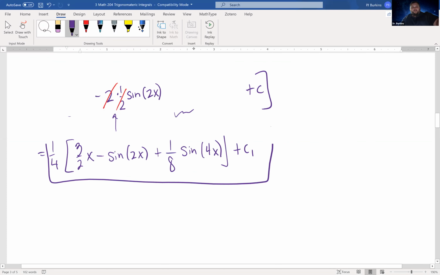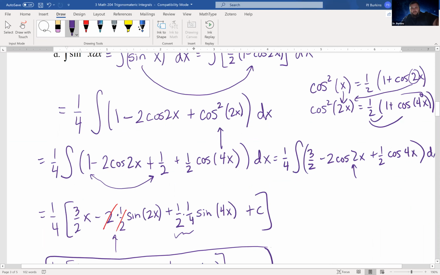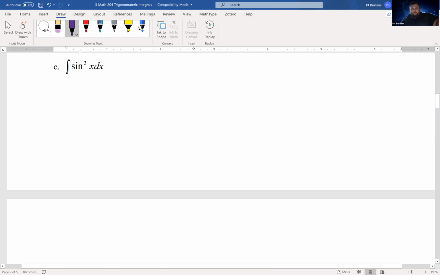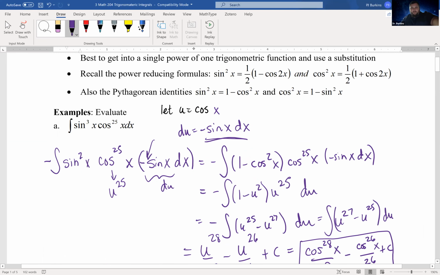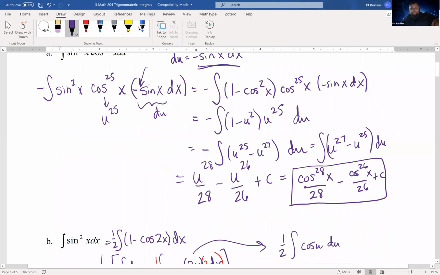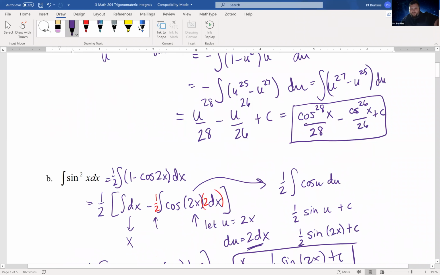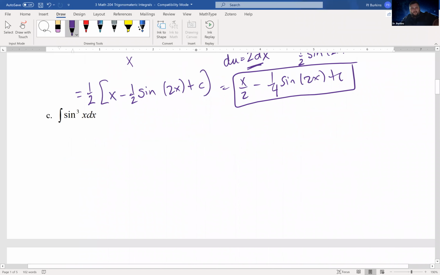So back up here with these problems, you don't want to get a combination of something like, let's see, I guess I didn't do any of it here, which is good, but you don't want to end up with anything like a sine of x and a cosine 2x, say, for this problem.